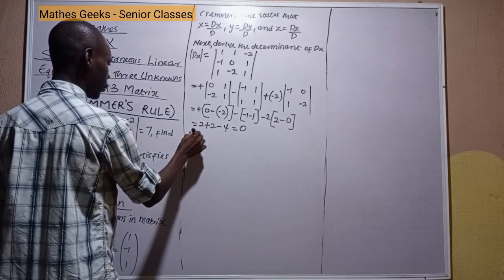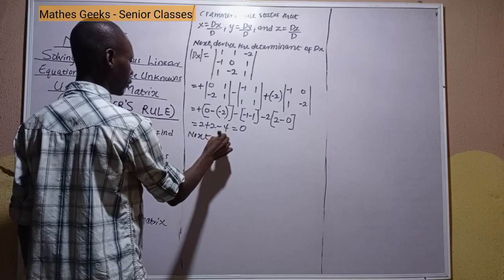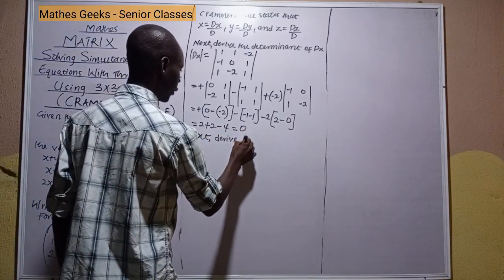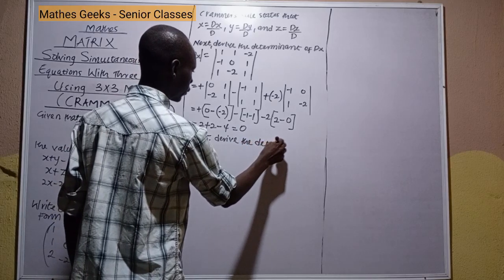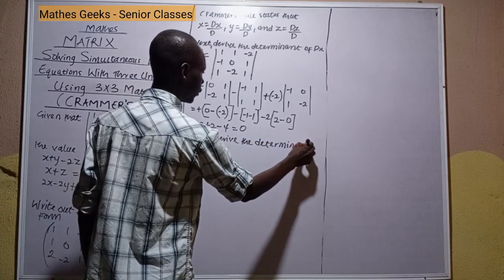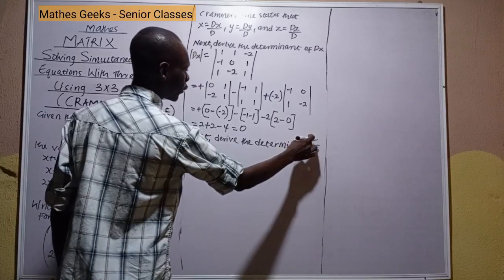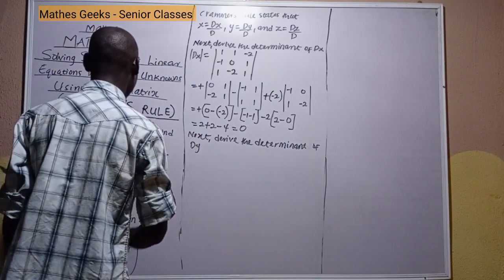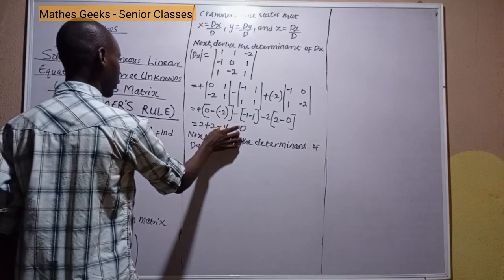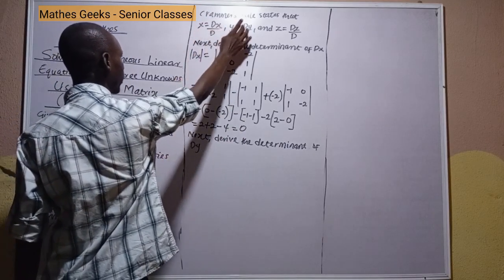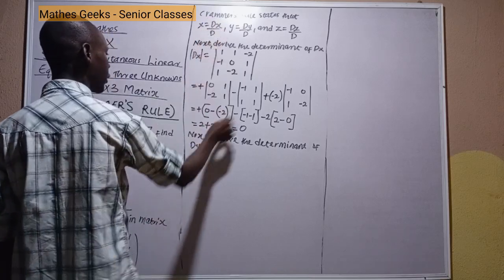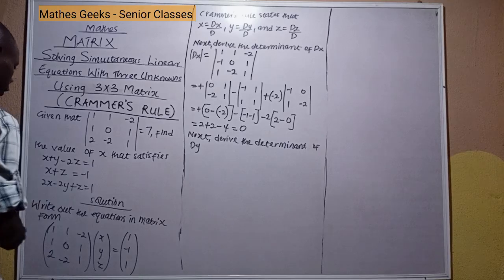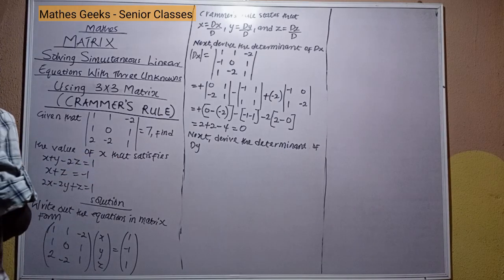So next, derive the determinant of y. The question only asks for the value of x, so we could stop here and use this formula, x is equal to dx over d, to get the value of x, just as I did when I treated this example under the inverse method.